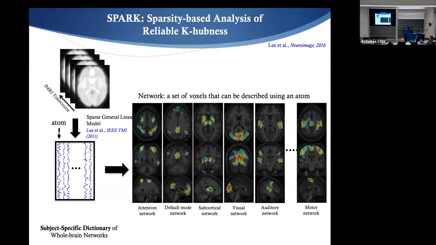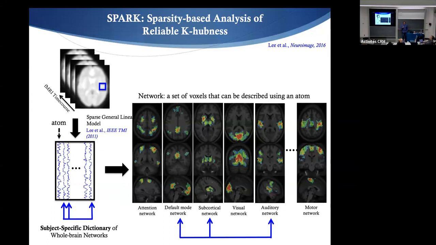artifactual networks to remove. But then the main idea to measure hubness is to model the activity in one voxel. We're going to estimate that the activity in this voxel is a sparse decomposition of the time courses of only 3 of those networks. So let's say we have a maximum of 20 networks, and we're going to look for a decomposition by imposing sparsity.